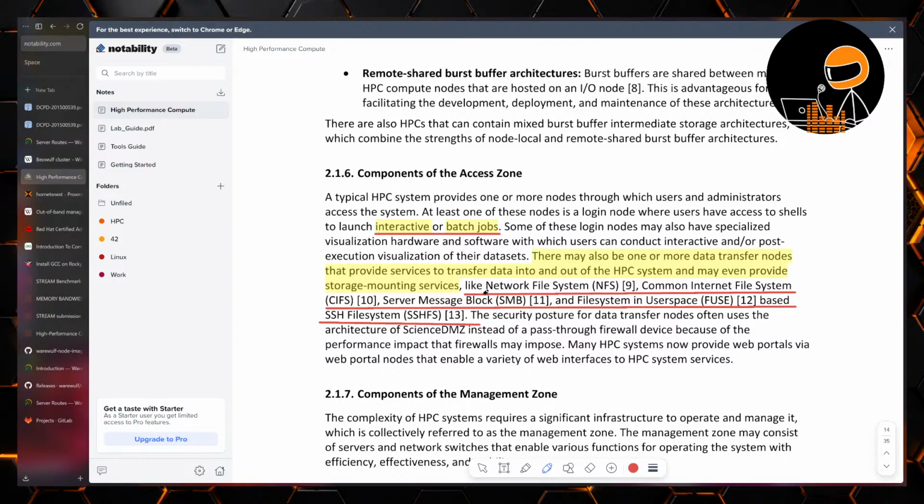And the most likely, probably common one would be NFS. I know that's what I'm using right now. But my management node is my storage node right now.